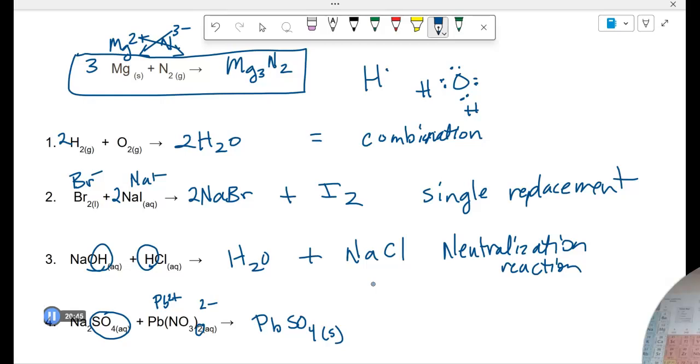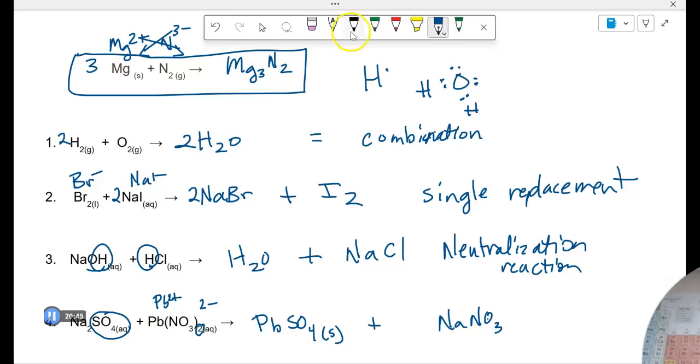So SO4 is a 2-, combining with the 2+ to form lead sulfate, a 1-to-1 ratio between those ions. And then, of course, we are left with NaNO3 because Na is a +1 and NO3 is a -1, so it's just a 1-to-1 ratio there.